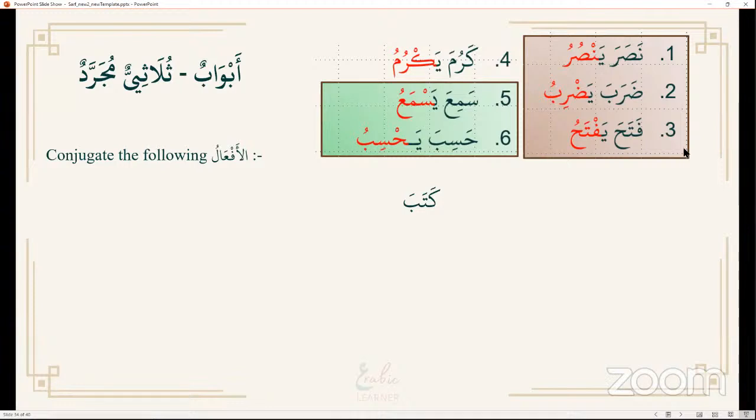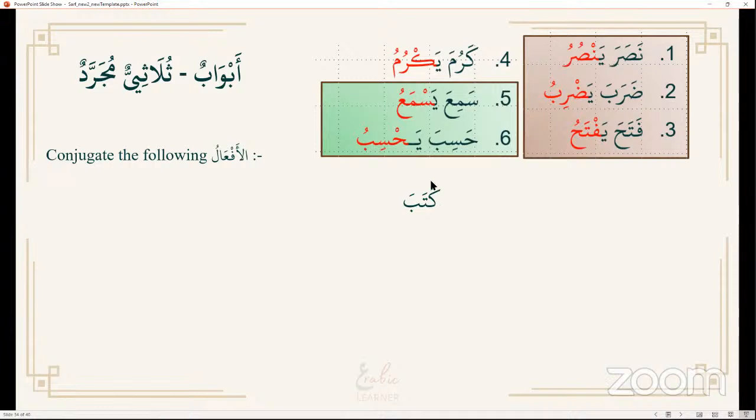Now, I told you that in Bab Fataha, normally either the Ain Kalima or Lam Kalima will be from Huruful Halaqi. What are Huruful Halaqi? Hamza, Ha, Ain, Ha, Ghain, Kha.